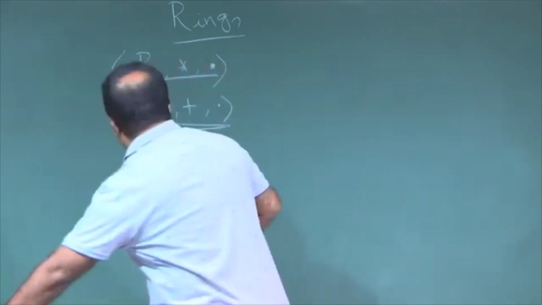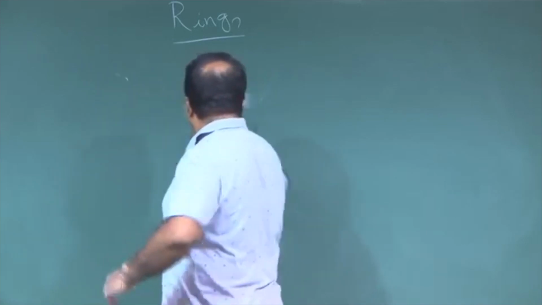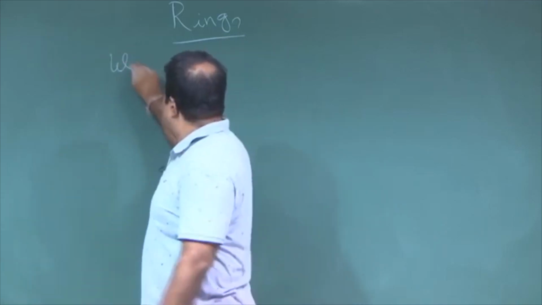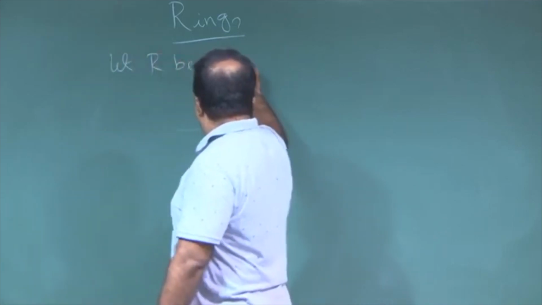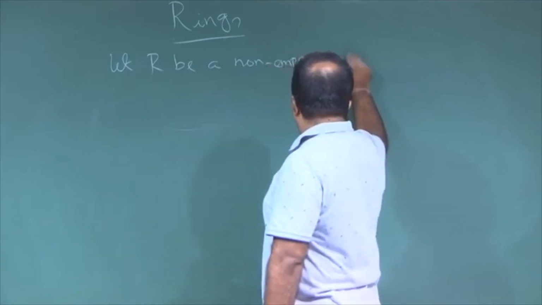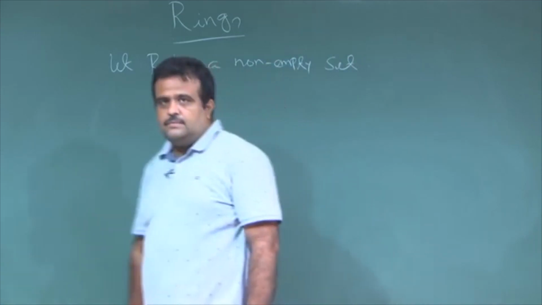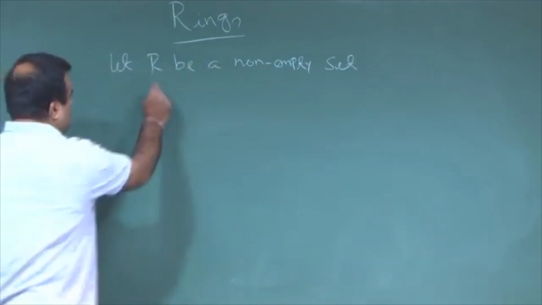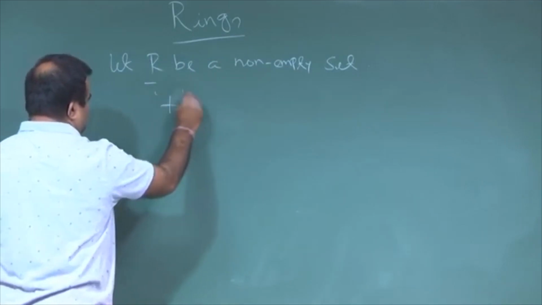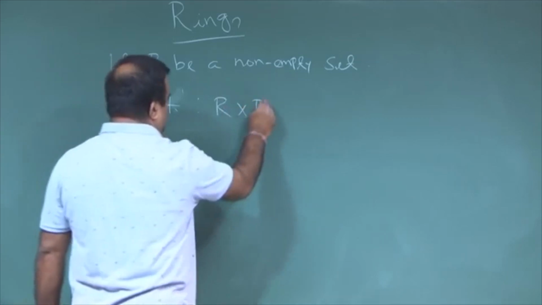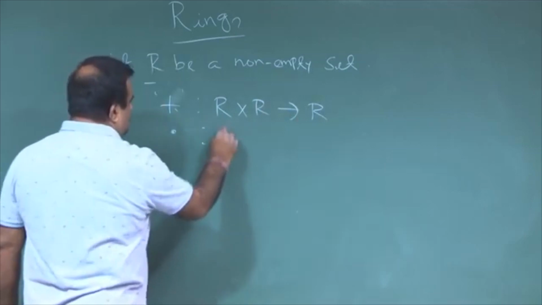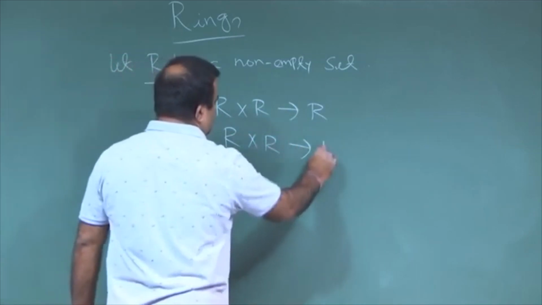Okay. So now suppose we have a non-empty set R. Let R be any non-empty set. And suppose we have two operators, plus and dot, binary compositions.